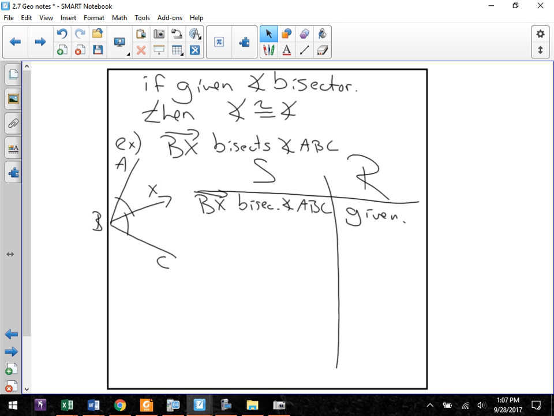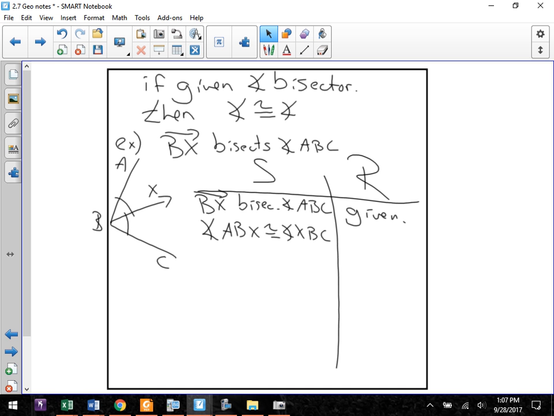And just like you guys said a second ago, we know that angles ABX and XBC would be congruent because that's what the diagram said, because that's what the definition tells me happens. So I would say angle ABX is congruent to angle XBC.